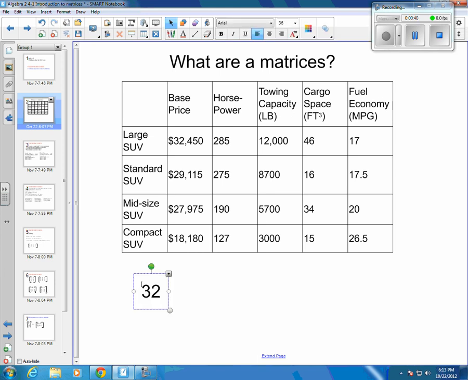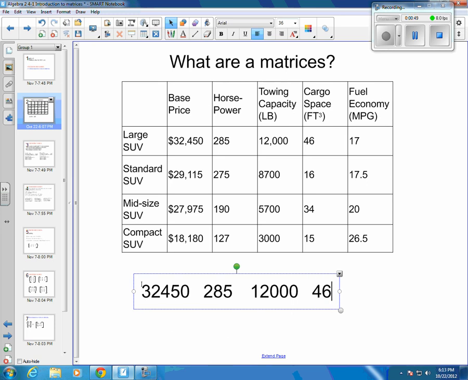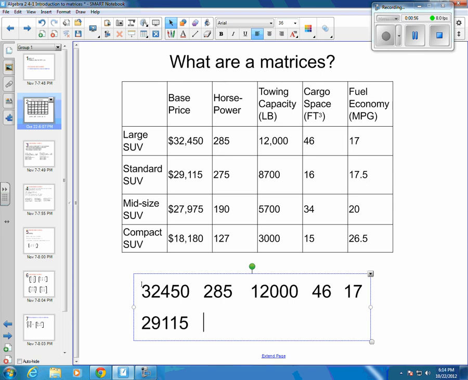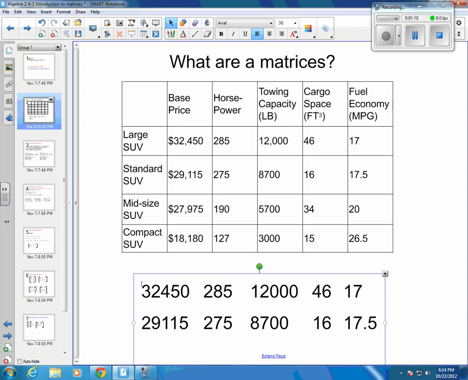So 32450 and then 285. And then I've got 12,000, a 46, and a 17. The next one down, I've got a 29, 115, 275, 8700, 16, and 17.5, and then 27, 975.